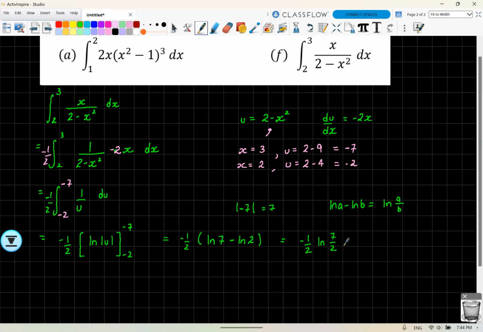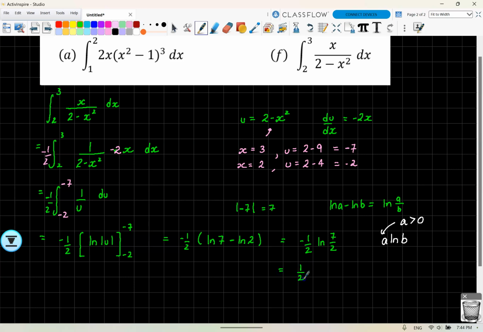However, you will find very often that several questions will ask you to write it in the form a ln b, where a is greater than 0. If we wanted to do this, we would use our log rules again.